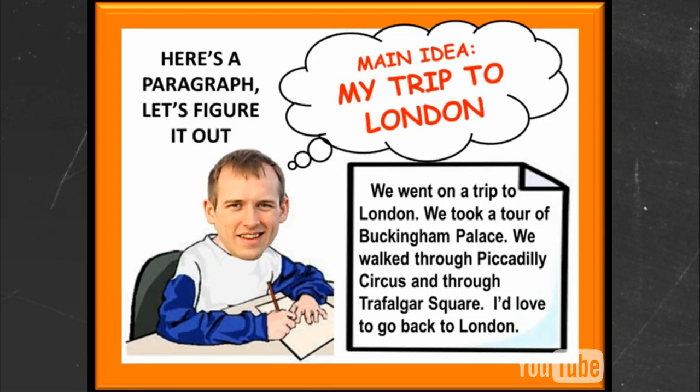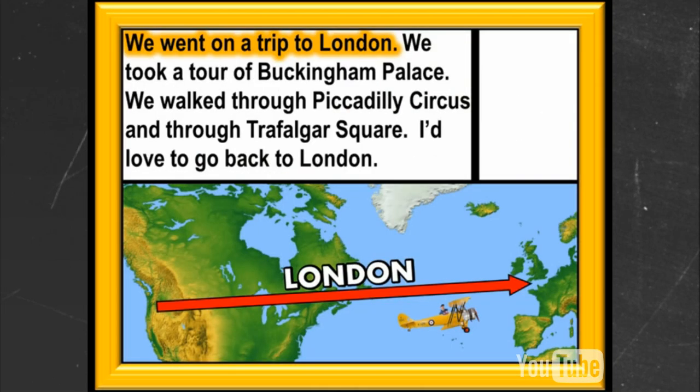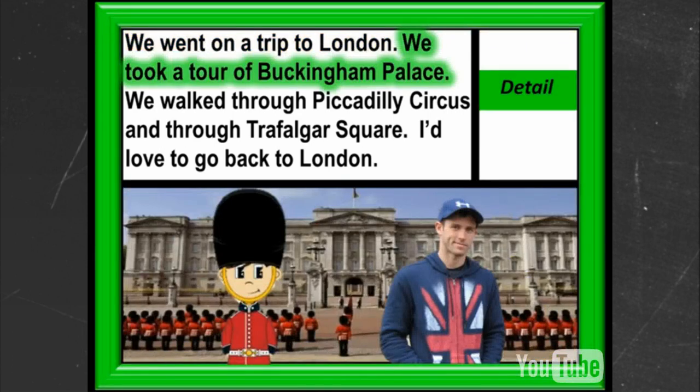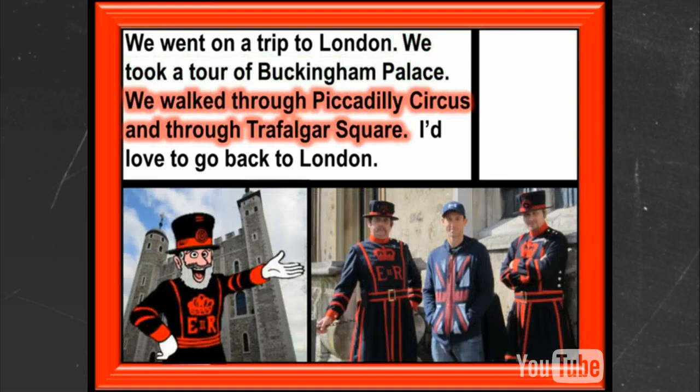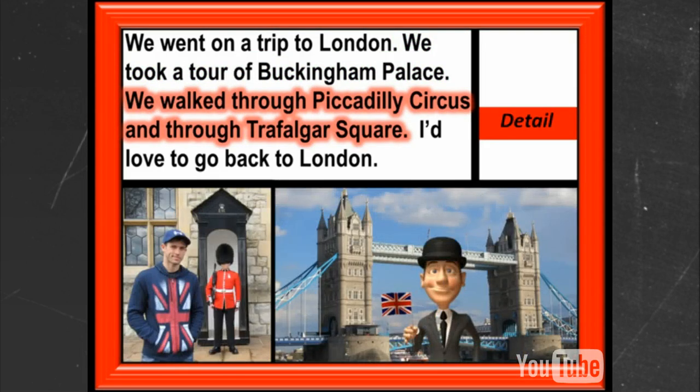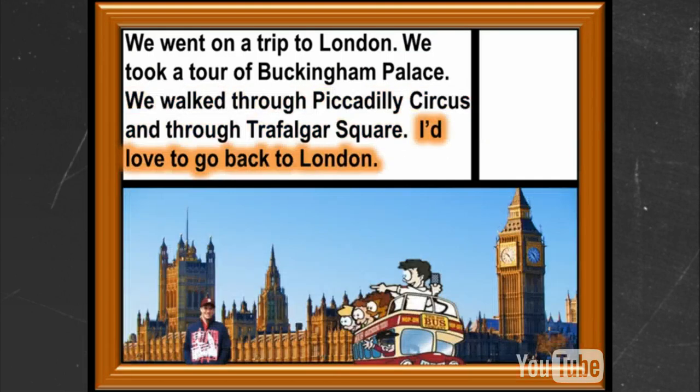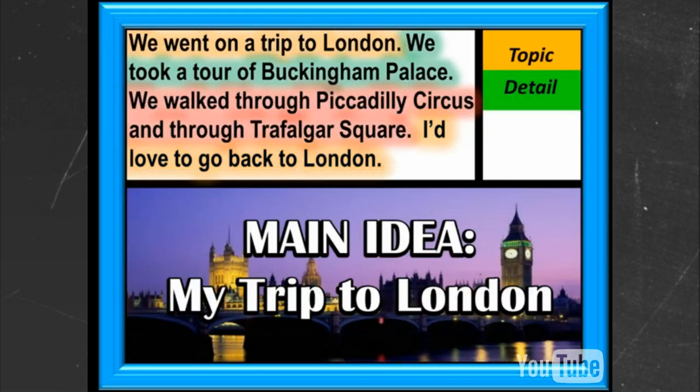Let's figure it out. We went on a trip to London. Topic sentence, that's the main idea. Took a tour of Buckingham Palace. Tells you more about the main idea. We walked through Piccadilly Circus and through Trafalgar Square. Details. I'd love to go back to London. You end with the main idea.